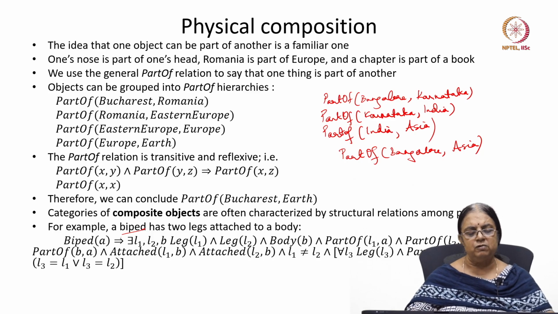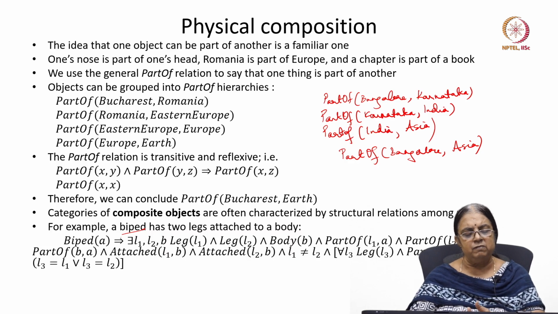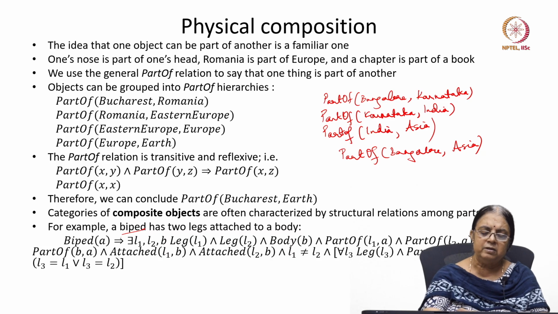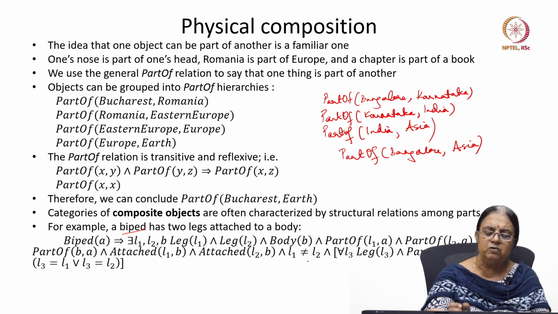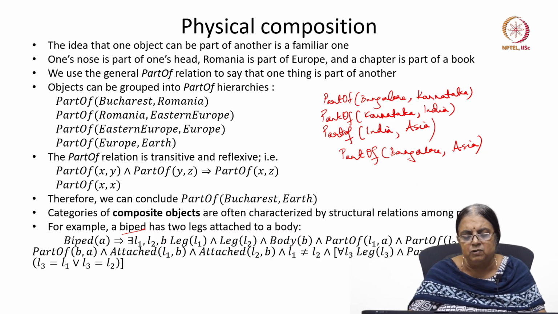So these are all parts of the animal A, with L1 attached to the body and L2 attached to B, and L1 is not equal to L2, because you need to have two distinct legs. But then you also cannot have a third leg. A biped is somebody with two legs.